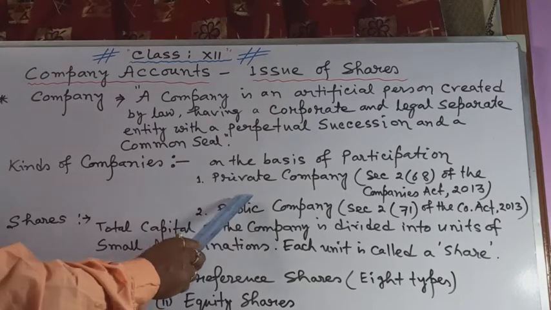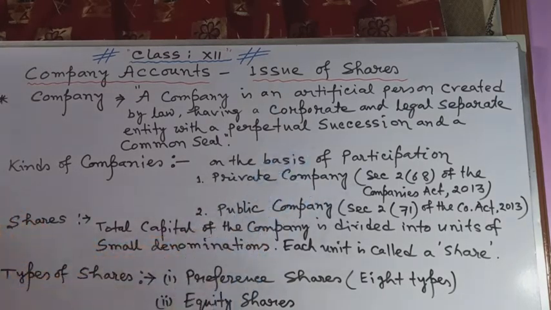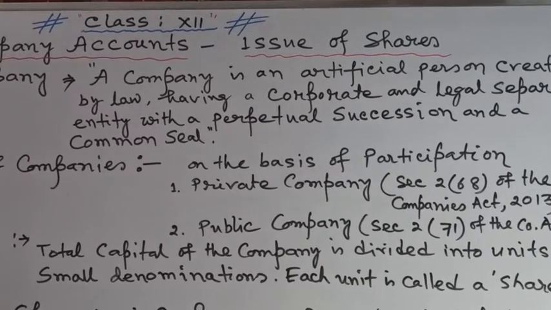The name of the company must include PVT Limited for a private company, but in the case of a public company only Limited. As for transfer of shares, in a private company there is a restriction on the transfer of its shares, but in a public company there is no restriction.